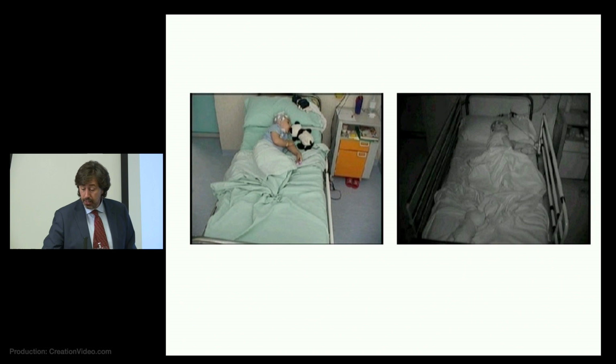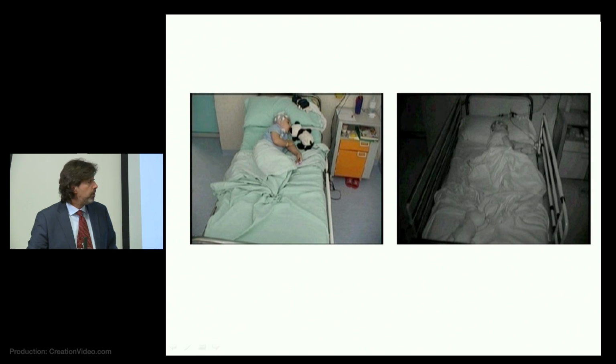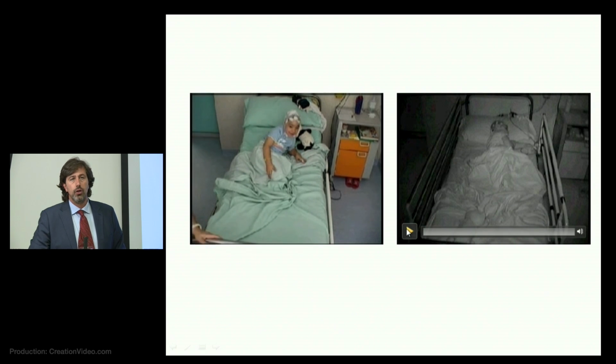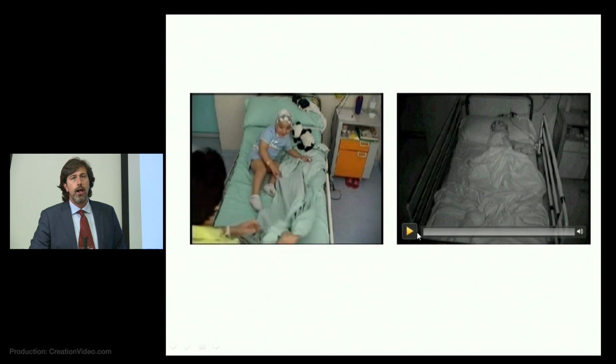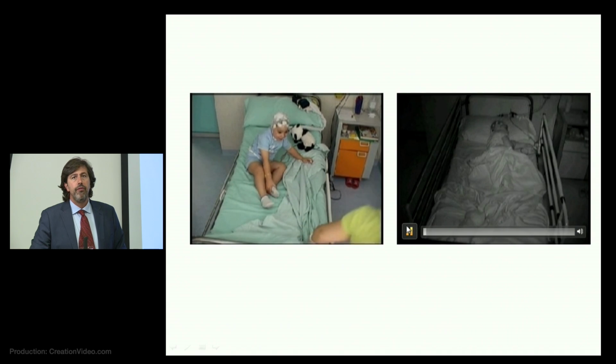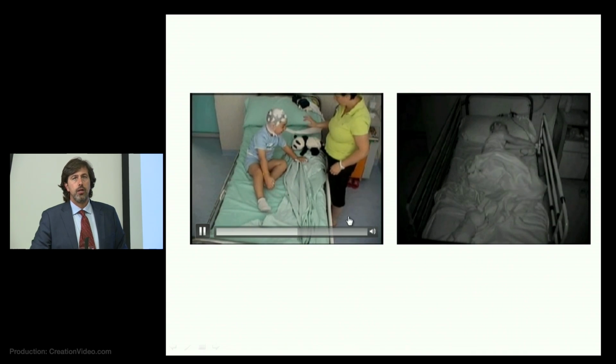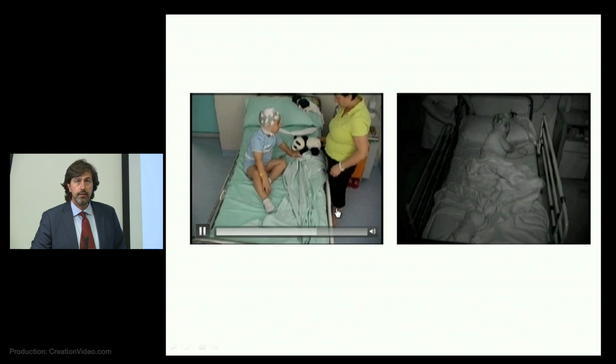And we will see here some examples of the type of seizure that we are talking about. This is a patient that is experiencing one of these typical gelastic seizures. And you can see here that a very similar seizure is experienced during the night.